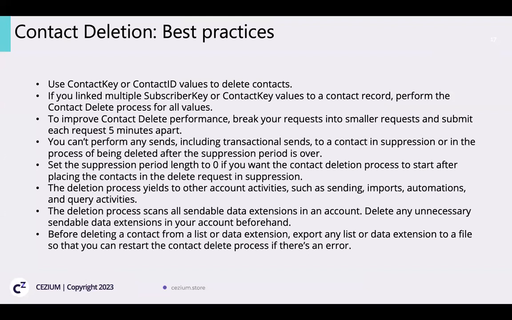If you don't know if the contact is deleted and you can see it, but it's not completely suppressed, you can have problems. So just export the lists to a file, and that will allow you to replay the deletion process if there was any problem during the process.